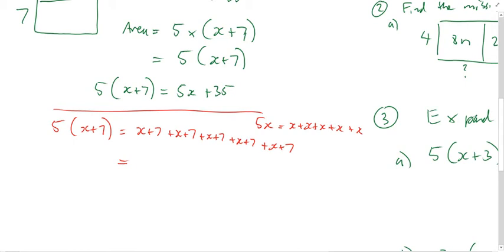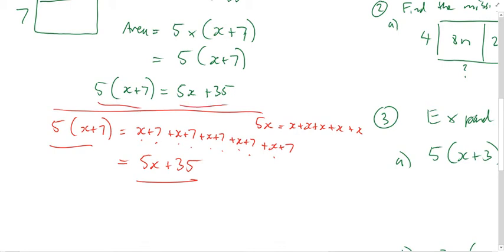I should have chosen a different number. So how many x's do I have? 1, 2, 3, 4, 5. I've got 5 x's. And then I've got 1, 2, 3, 4, 5 lots of 7. I've got 35. And so that is equal to that in the same way as that.